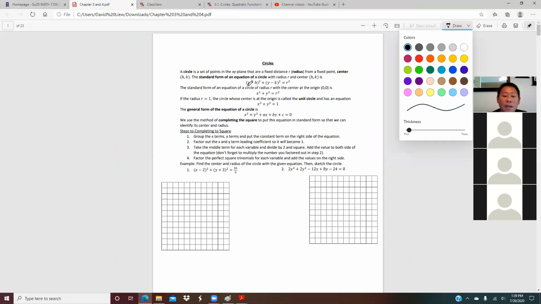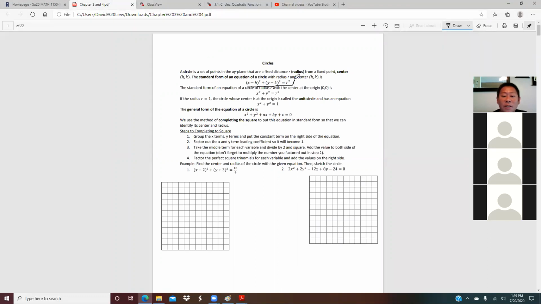This is the equation of a circle: x minus h squared plus y minus k squared equals r squared, where (h, k) is the center of the circle and r is the radius. If your center is at the origin (0, 0), then it will be x squared plus y squared equals r squared, meaning your (h, k) is (0, 0).